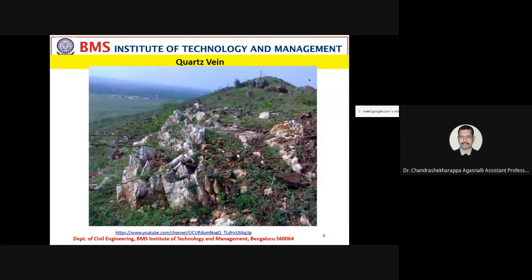Generally it is in the shear zones, where there are veins of quartz completely controlled by the folds, faults, joints, and geological structures. In those areas you can see quartz, and also groundwater occurrence. Most groundwater generally has its source in the quartz veins.